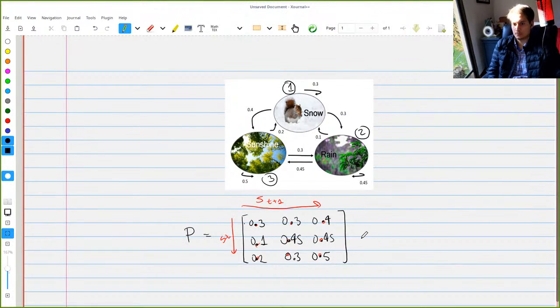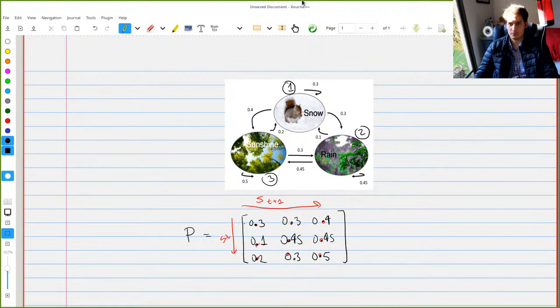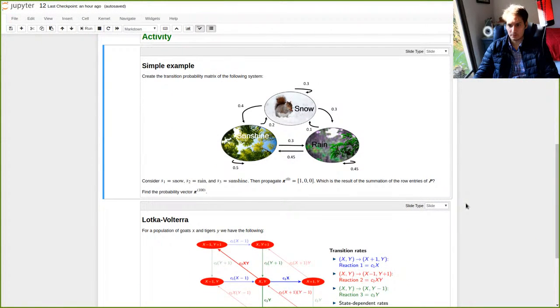Okay, so that was easy. That was basically the answer to the question. We needed to find the matrix P. Now, what is the summation of the row entries of P?